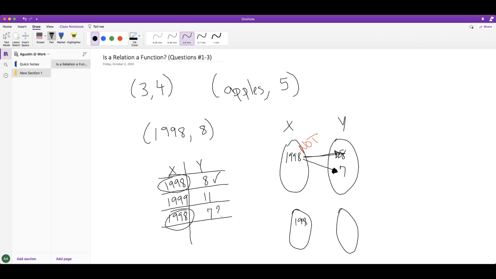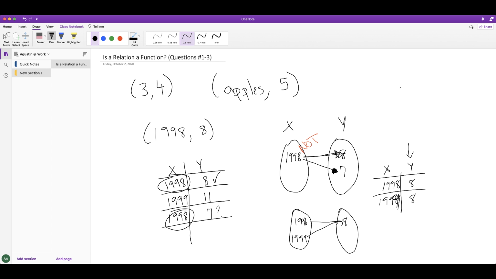If you see it this way, where 1998 goes to 8, and then 1999 also goes to 8, that's okay. In this case, the y value is being repeated. If it was a table, you have 1998 going to 8, and then 1999 also going to 8. That's okay. The y value can come out more than once.